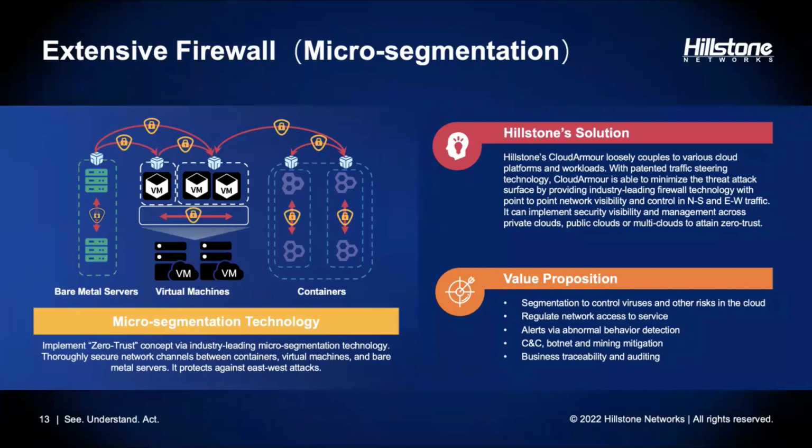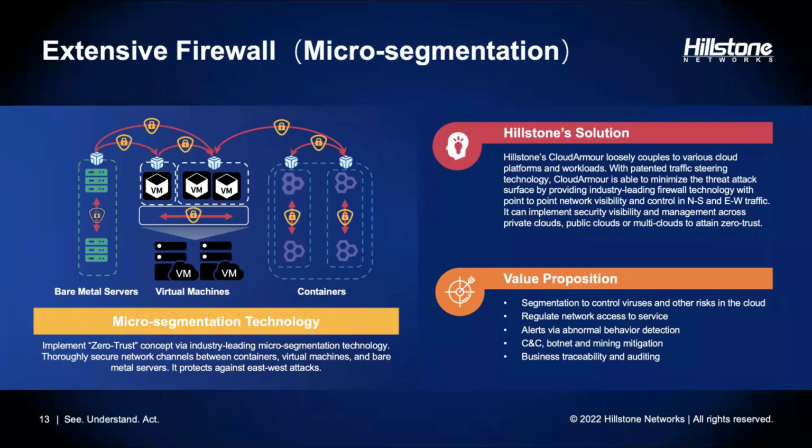By being loosely coupled to a multitude of cloud platforms and workloads, CloudArmour is able to provide protection while adapting to rapid changes in the differing environments. Additionally, without components being directly related to each other, changes in one or problems in one will not directly affect another.